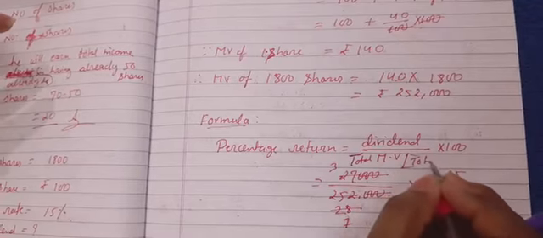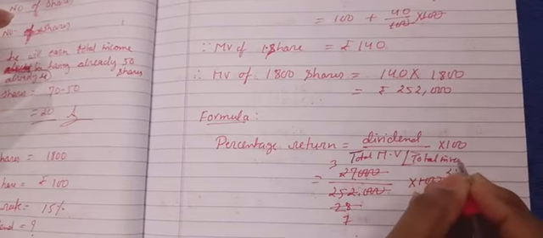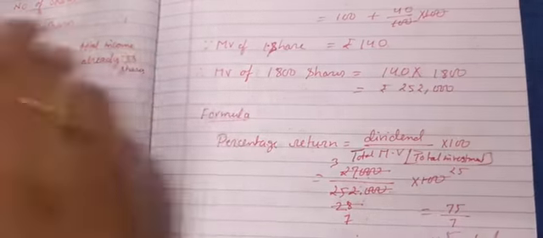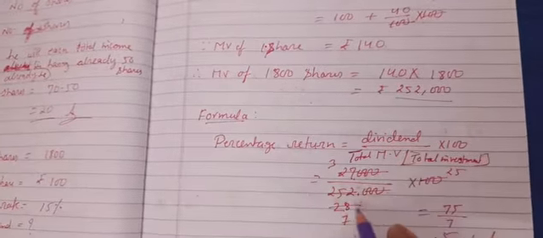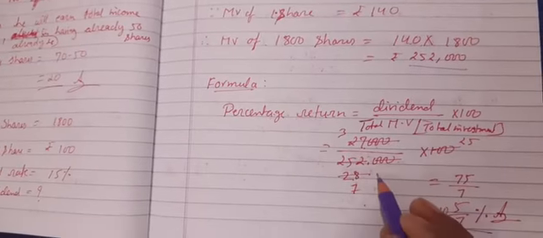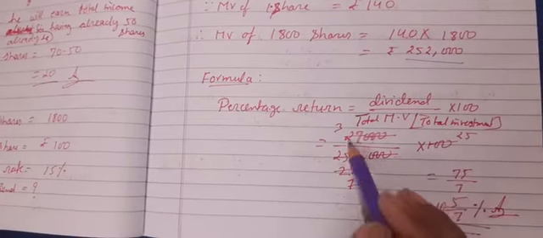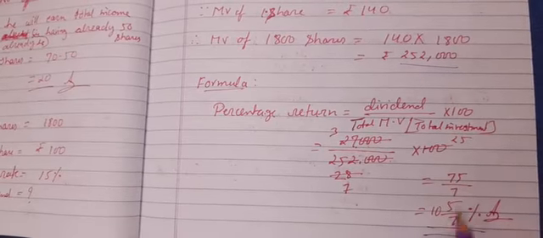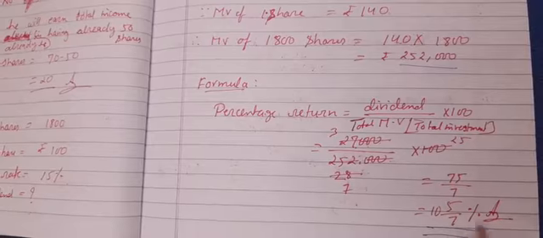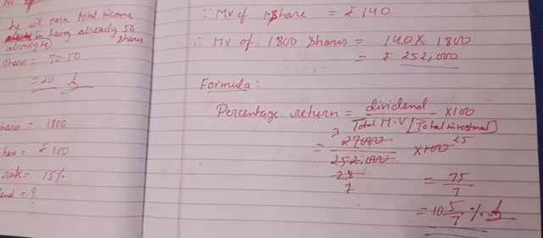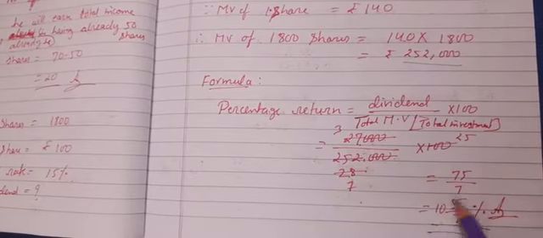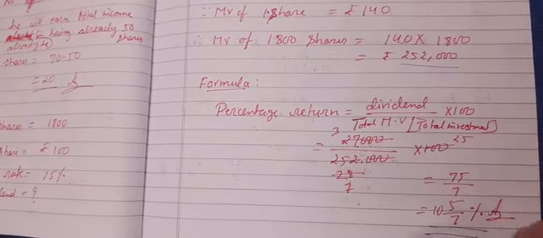You may write this also. And its value is 2,52,000. So we have written here into 100, and when we cancelled all the numbers, it is equal to 75 by 7, that is 10 whole 5 by 7%. This is the percentage return. It means on this amount he will get a return of 10 5/7%.